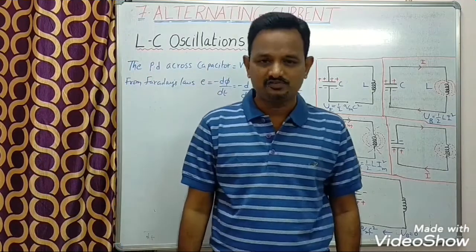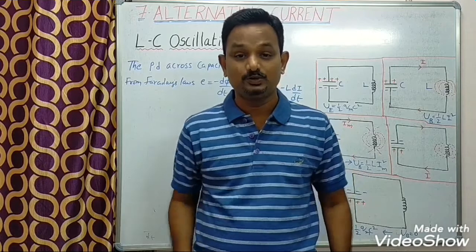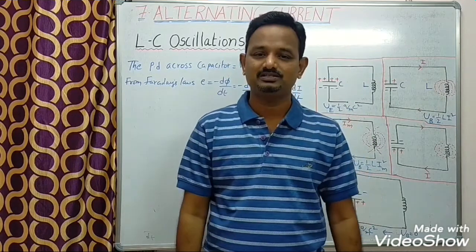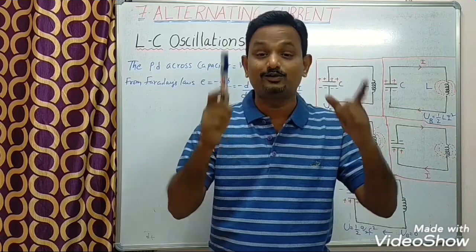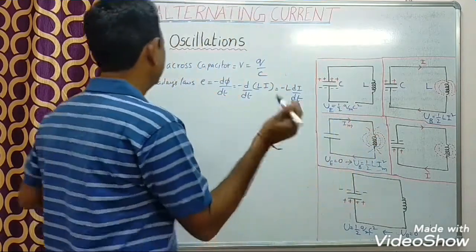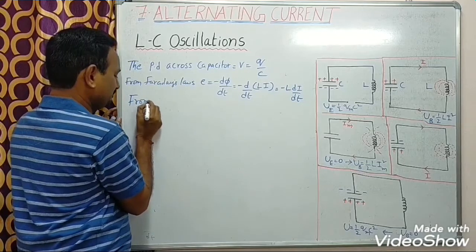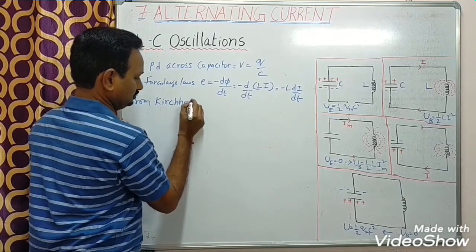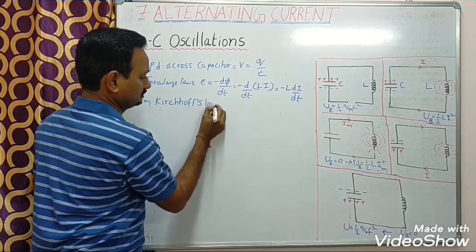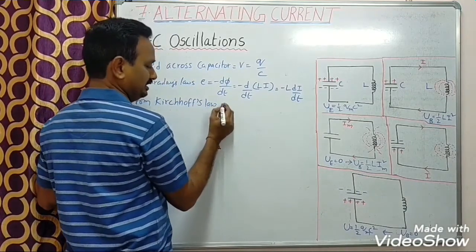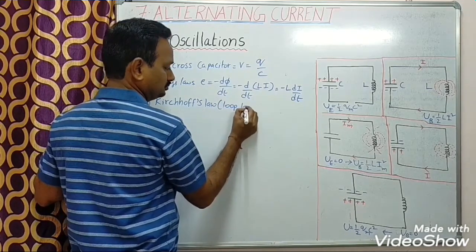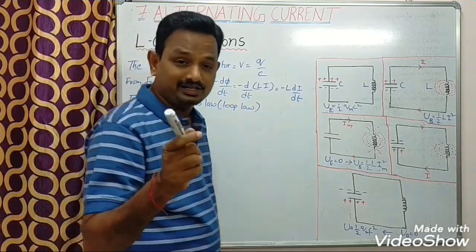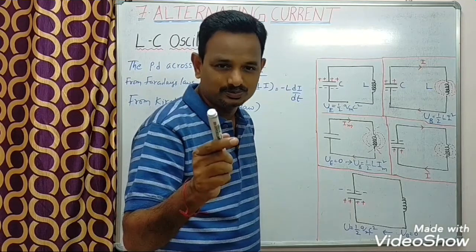Students, from Kirchhoff's second law, that means the loop law, the algebraic sum of the potential drops around a closed loop is zero.